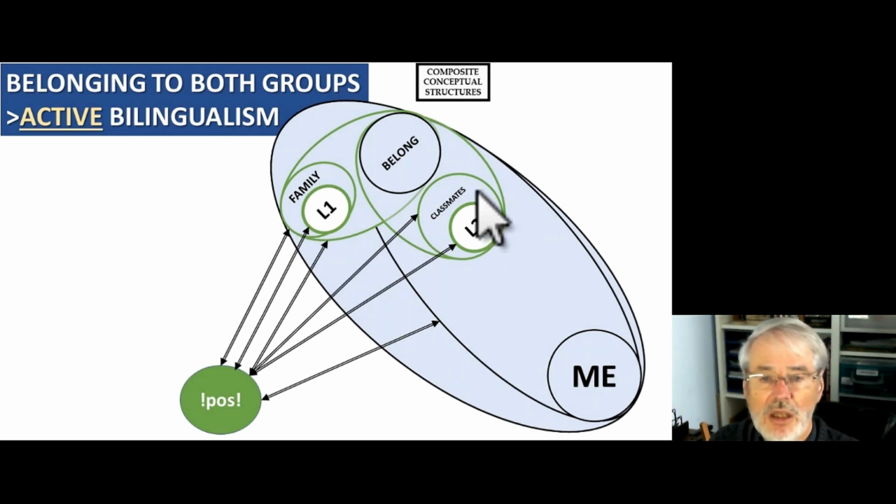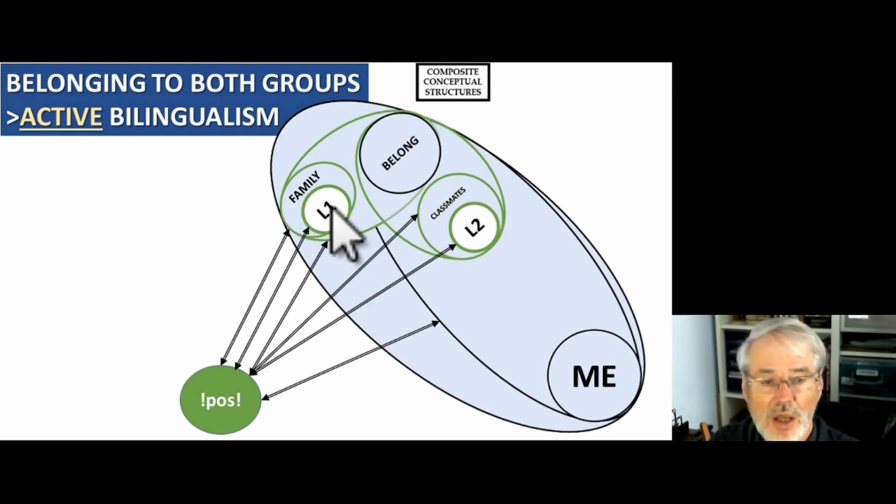Whenever I'm in a school environment, the positive value of the second language is activated more strongly as a result of the external context, and that's the one I happily use, both to comprehend and to speak.